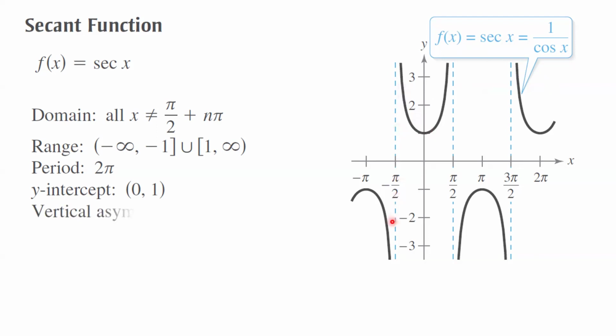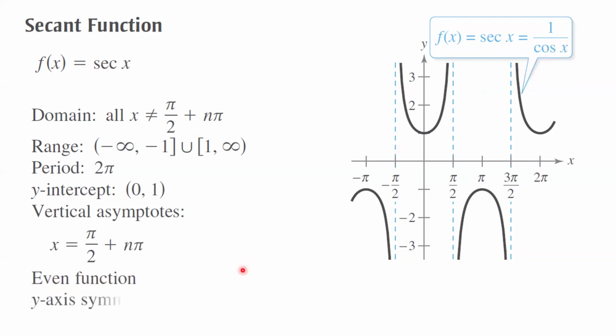The vertical asymptotes are these vertical lines that you excluded from the domain. They are x equals pi over 2 plus n pi. It's an even function, the same as cosine. And the axis of symmetry, the same as cosine, is the y-axis.